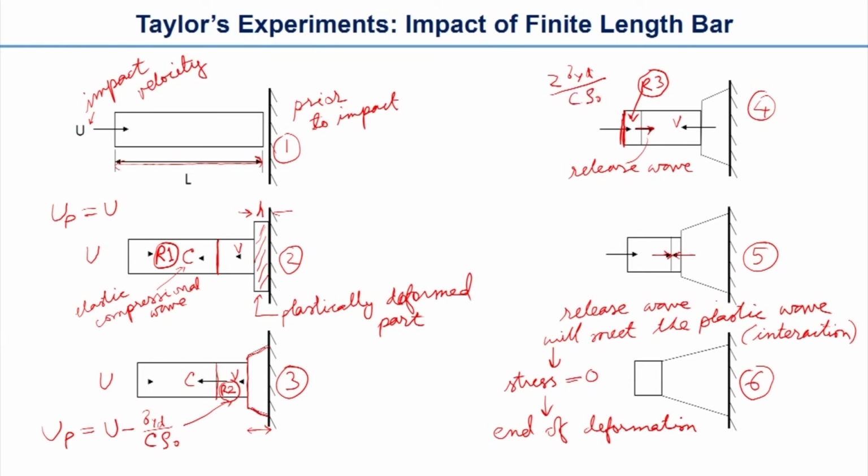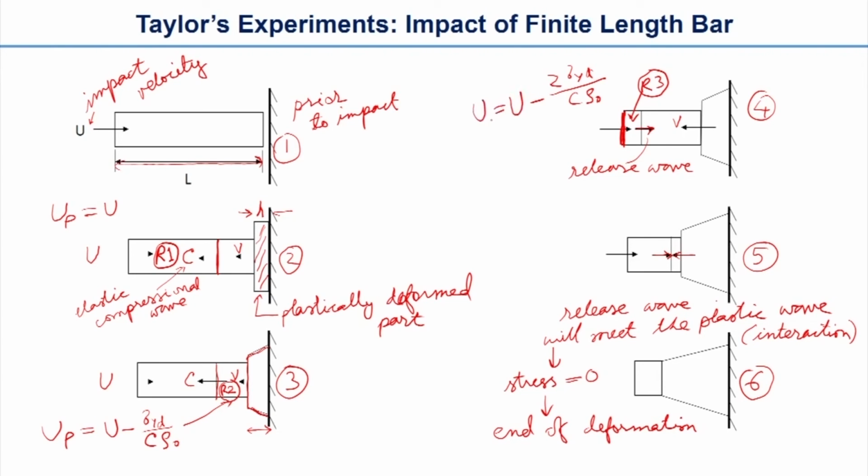This is the particle velocity due to the elastic wave, and that is because the wave comes towards left and reflects back from the surface, so this will be twice of that. And with that, the impact velocity will also be there.